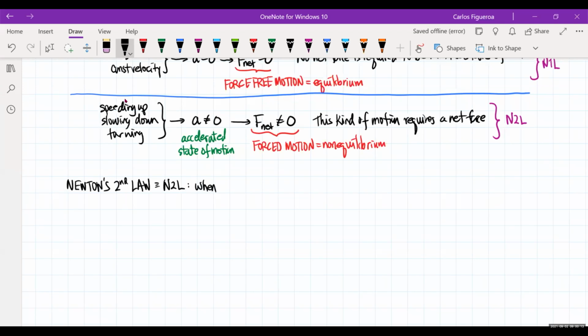when a net force acts on an object, the object accelerates.